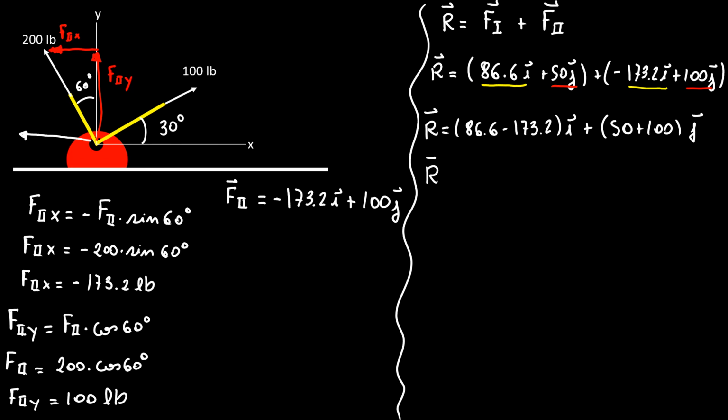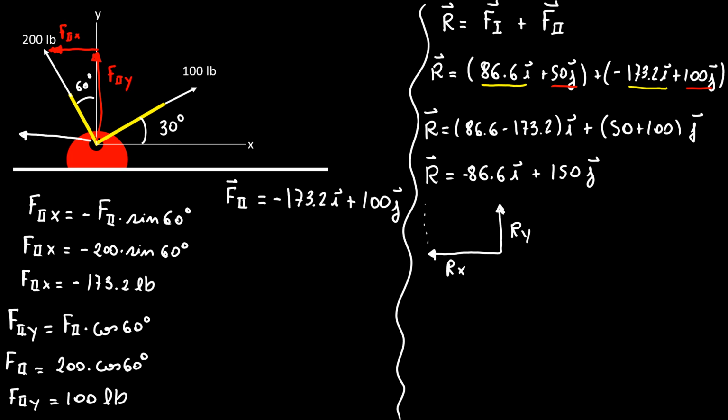Our resultant force will be minus 86.6 i plus 150 j. So we know that our resultant force has a component in x pointing to the left, Rx, and a component in y pointing up, Ry.